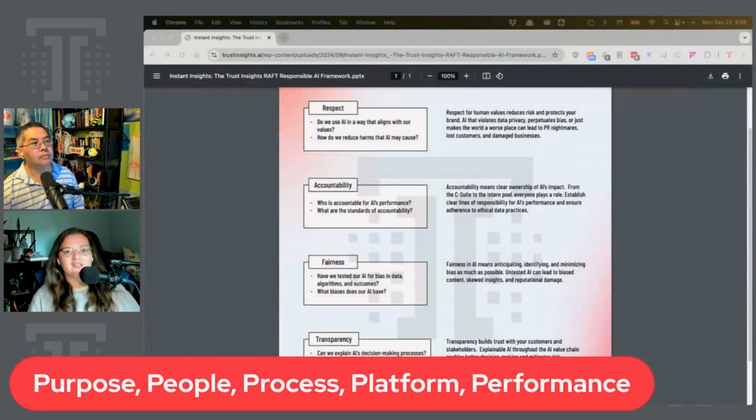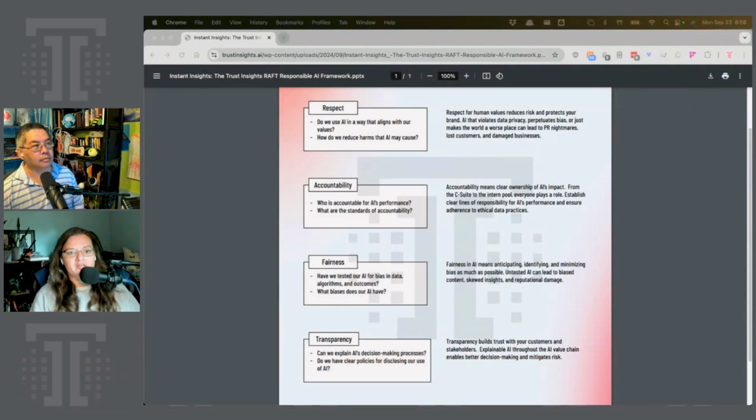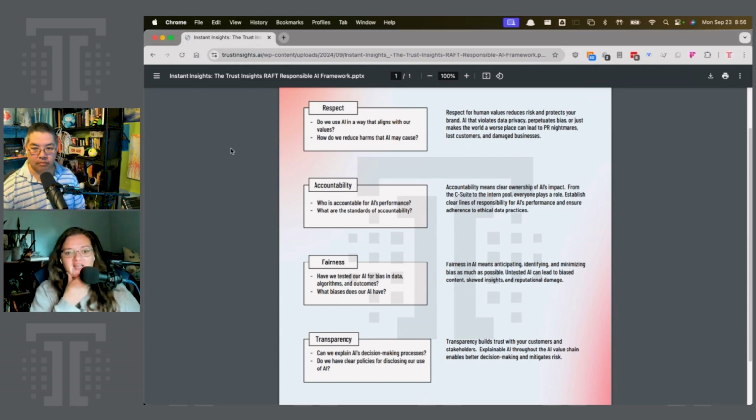There's a lot of groundwork you need to do before you bring AI into your organization as a whole, especially if you want to do it responsibly and ethically. So you need to make sure that you understand, number one, what it is and why you're doing it. That's your purpose. But then you need to get into the people.